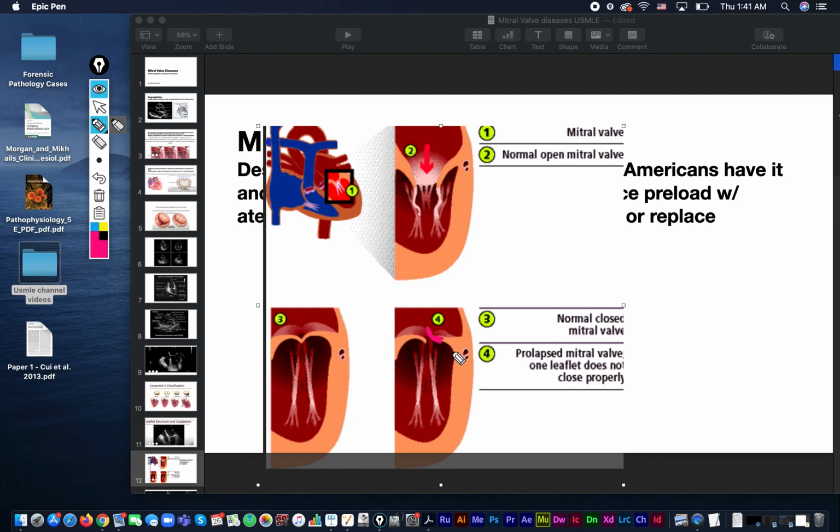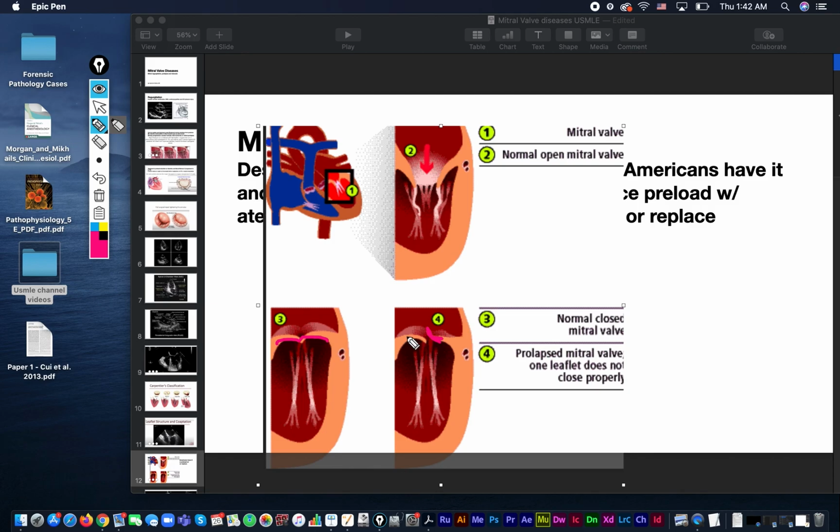But imagine if you increase diastole. This is a normal, perfect coaptation of the mitral valve. But imagine why that works.